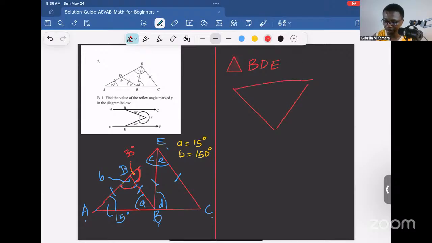Okay. So assuming these are all straight lines, okay? So this is your B, this is E, and this is D. So we've gotten this one, which is 30 degrees. But if you look at it, we are given something. You see these lines, which are this here and this, okay?